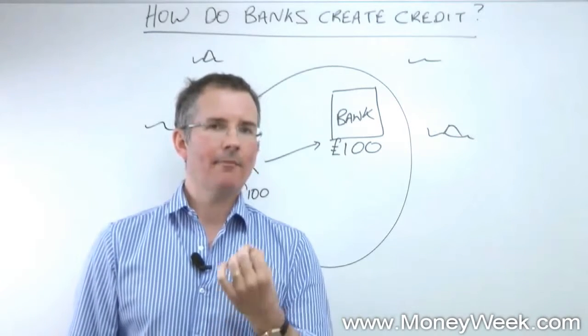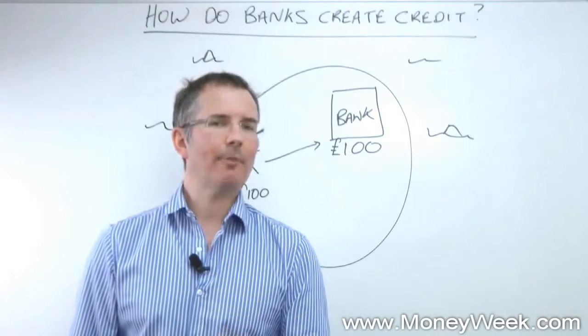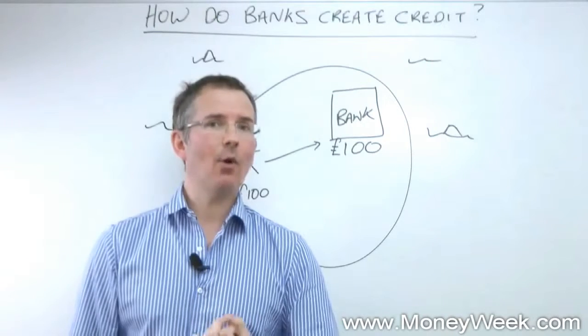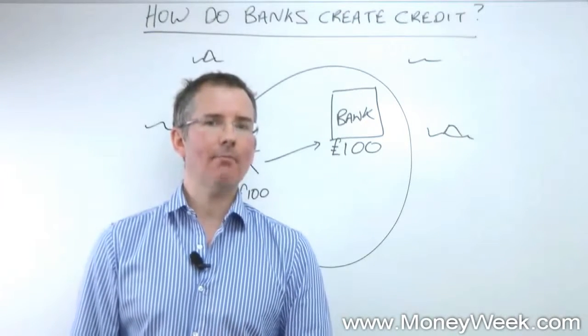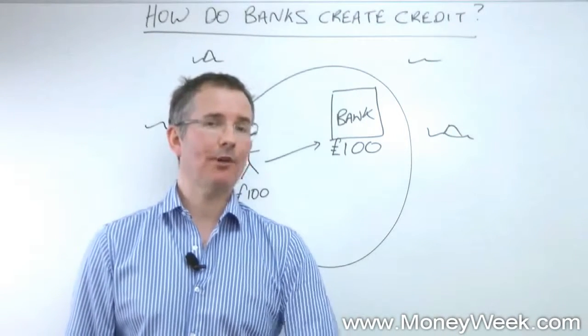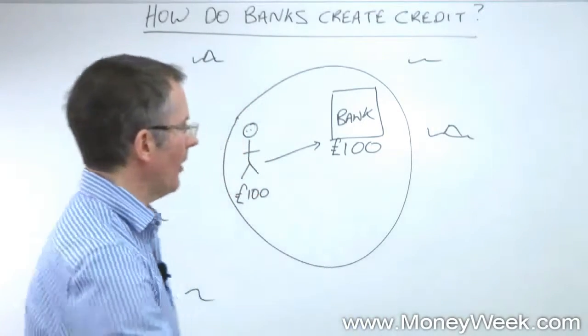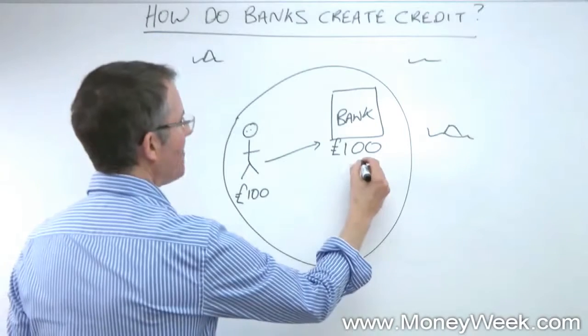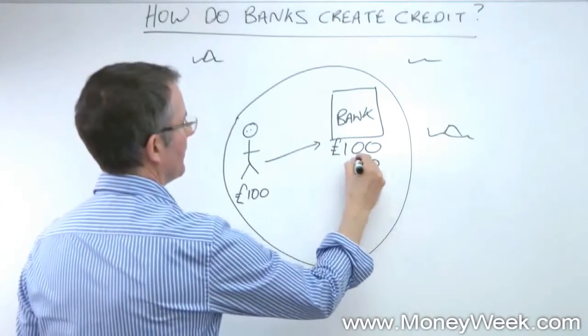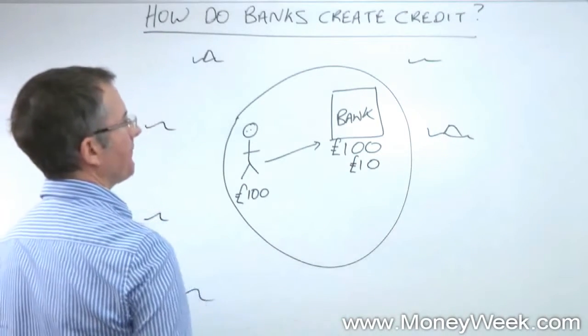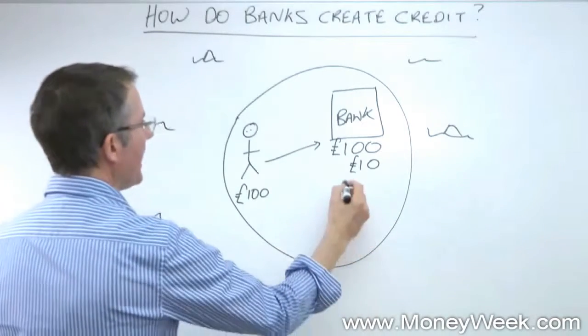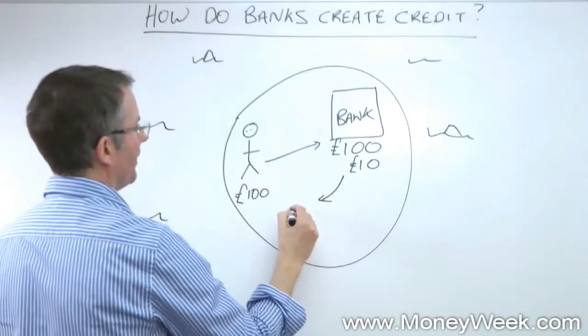So the bank's going to be thinking, I need to hold some of this £100 back, but I don't necessarily need to sit on my whole £100 just in case Tim happens to want some out of the cash point machine tomorrow morning or comes back in and asks to withdraw it. So maybe what I'll do is I'll hold back £10, okay, and I'll lend out the remaining 90.